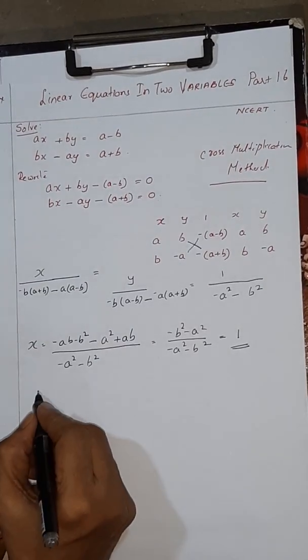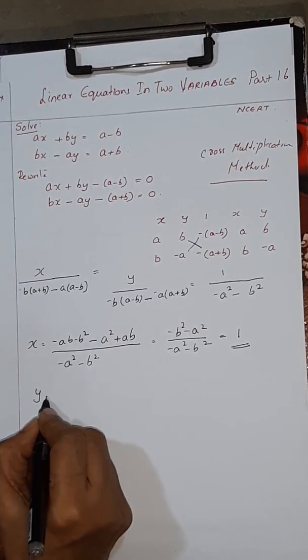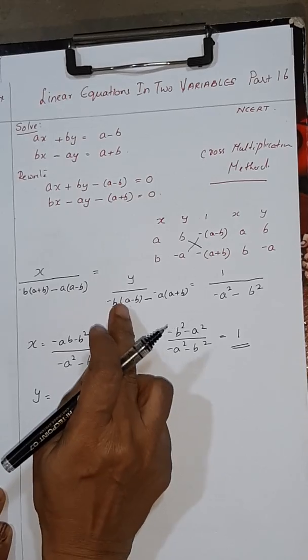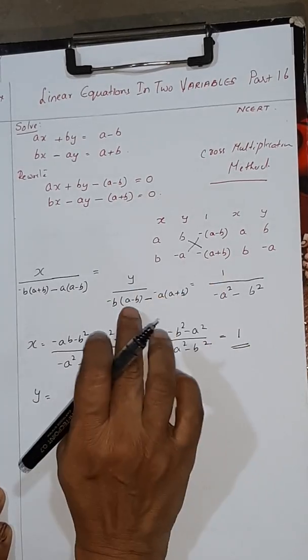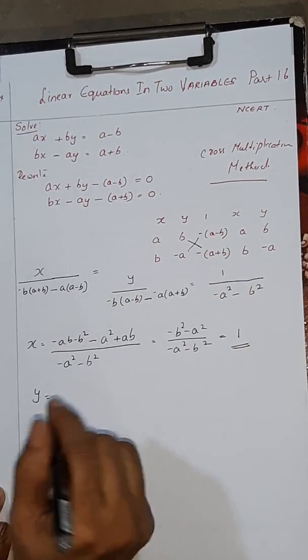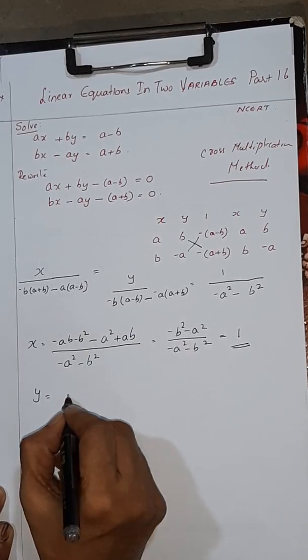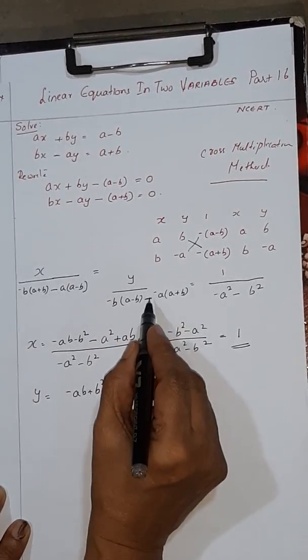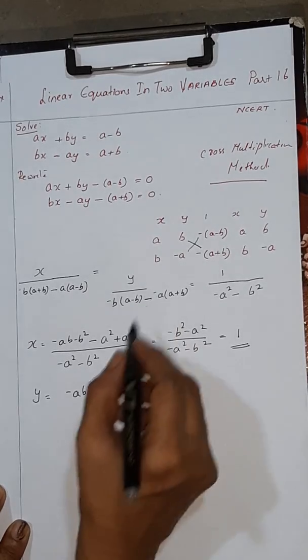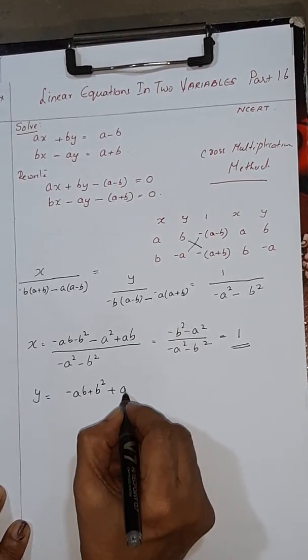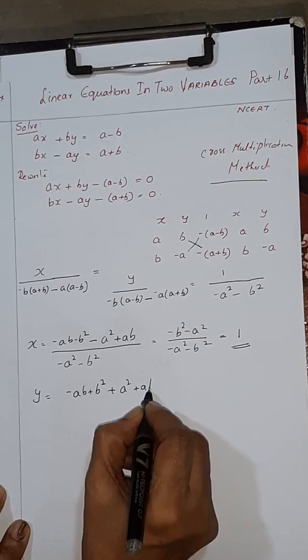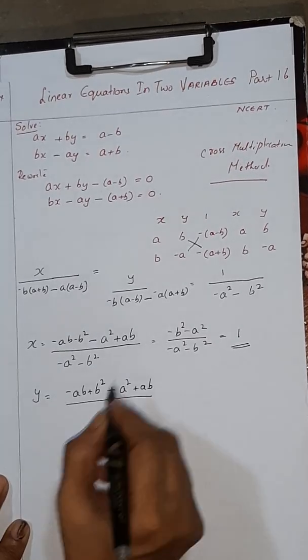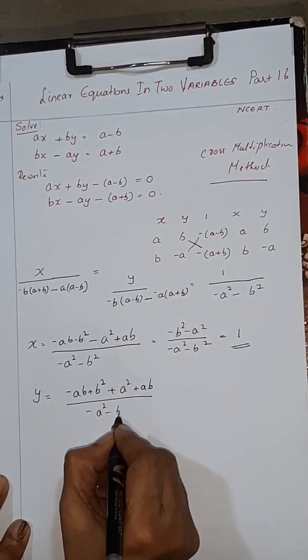Now y is equal to, similarly, you will take these two and bring this to the numerator. So y is equal to minus ab plus b squared, then minus of minus will become plus, so plus a squared plus ab by minus a squared minus b squared.